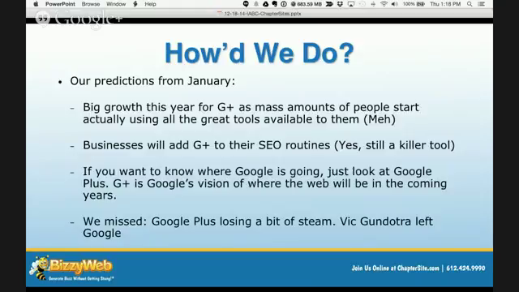So you're seeing a lot of wonderful stuff, but it's still not really taking off. As a matter of fact, things are losing steam a little bit on the Google Plus front. Vic Gundotra has left Google, and he was the champion and owner of Google Plus inside of the organization. So now they're kind of left rudderless, and it remains to be seen where they're actually going to go with this.